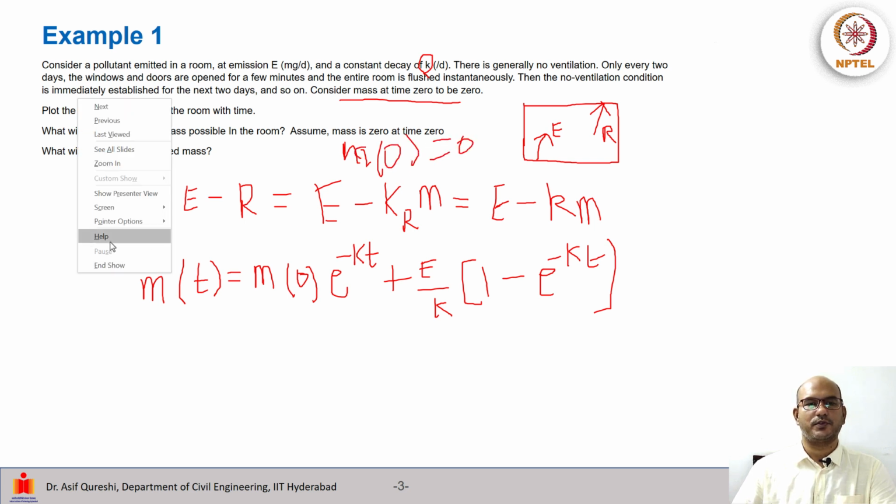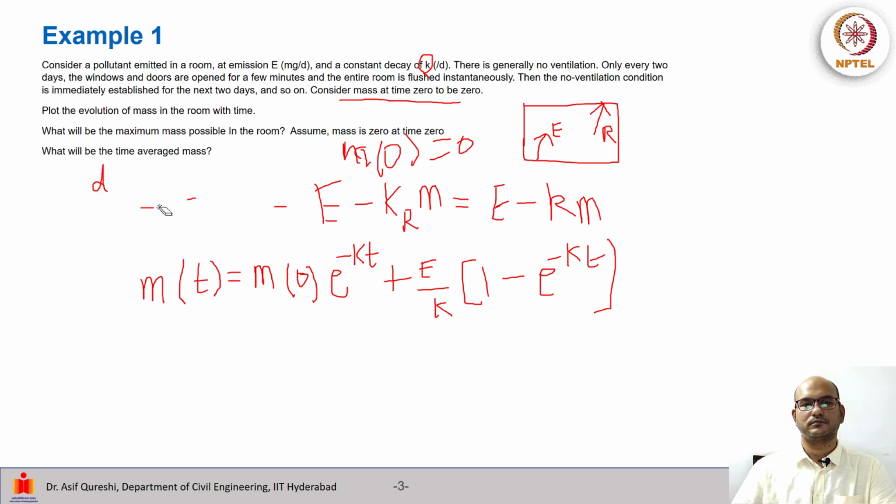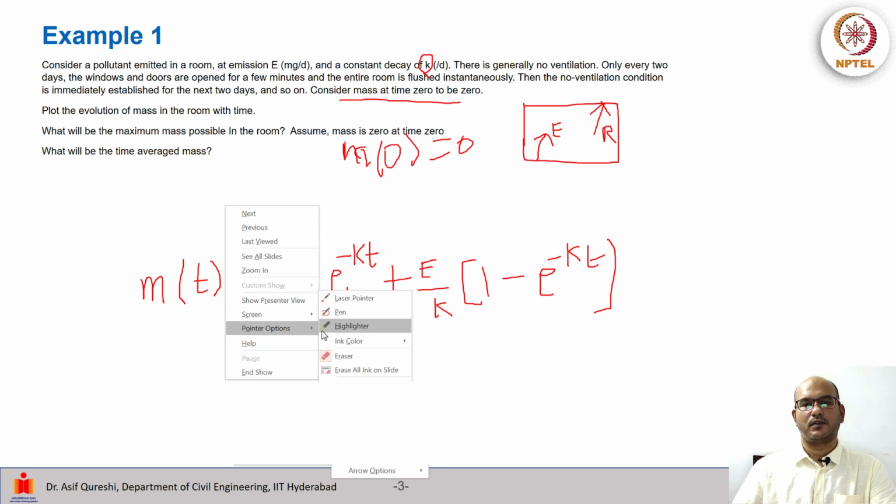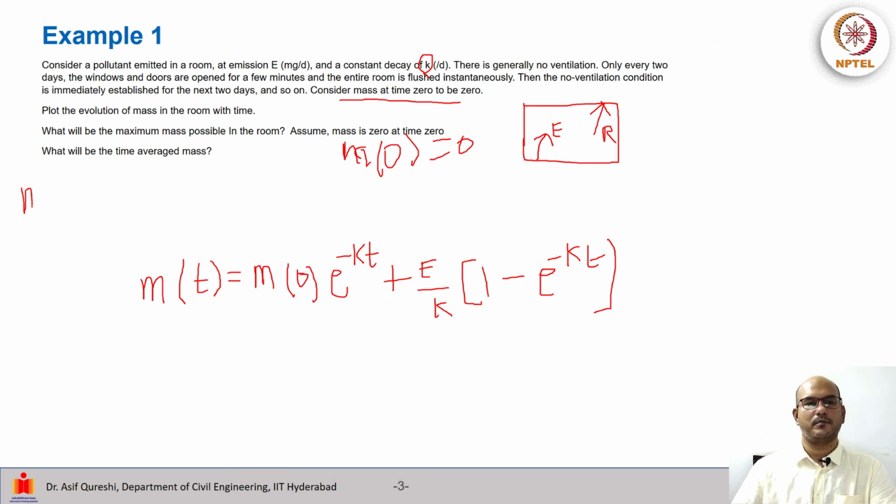So our solution is M at t is equal to E by K times 1 minus e to power minus kt. Okay, so this is our solution.